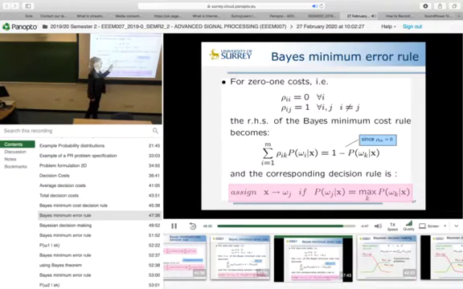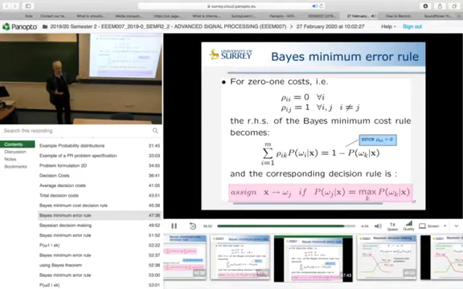And because the sum over all classes given x is equal to 1, actually this is the sum over all classes of this, which is this 1, minus the sum for the correct class, where I is equal to k here. So this is 1 minus P of omega k given x.